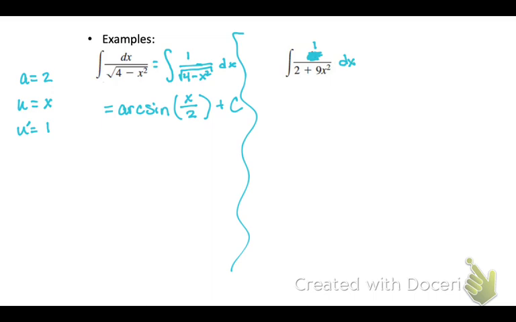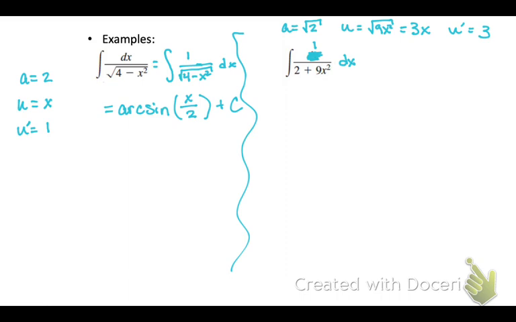So a would be the square root of 2. U would be 3x, because it's the square root of 9x squared, right? Okay, so 3x. And so u prime would be 3.